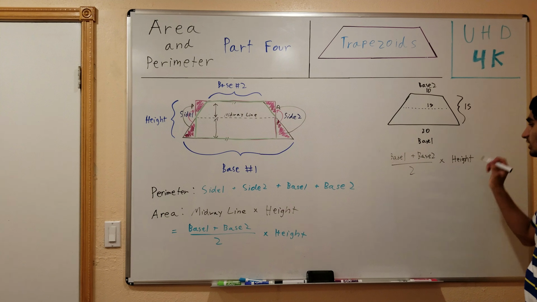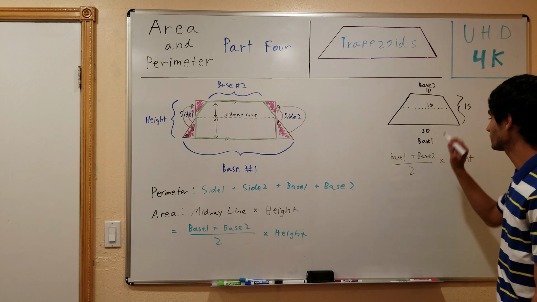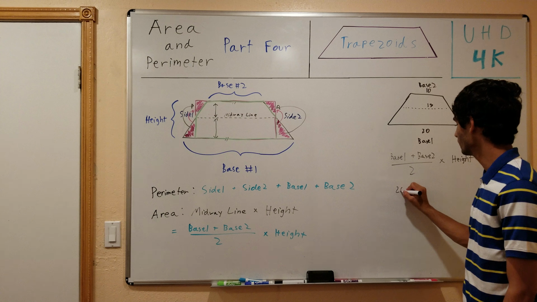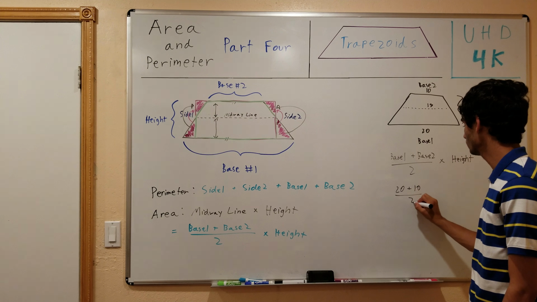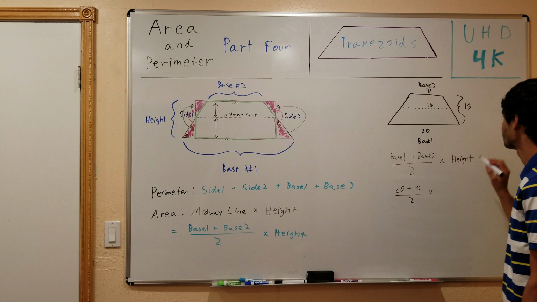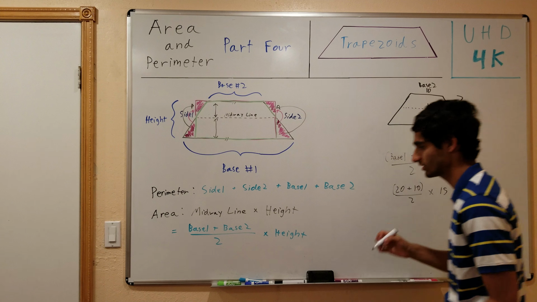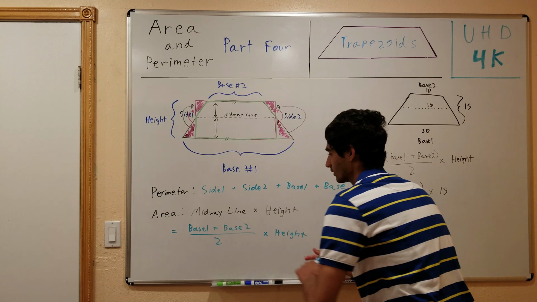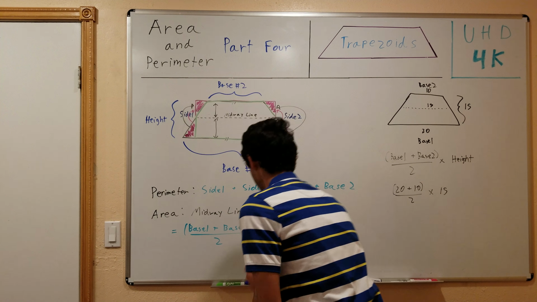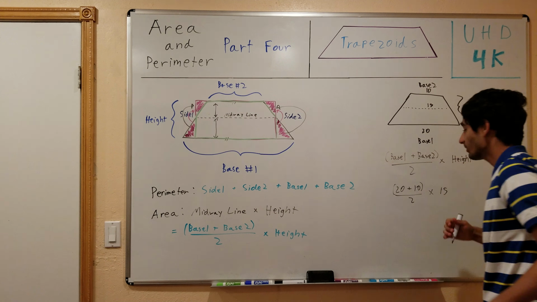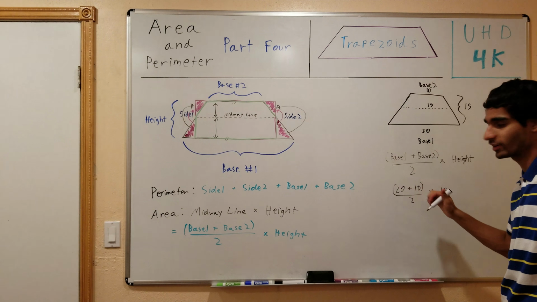So the height is 15, base 1 is 20, base 2 is 10. So it's going to be equal to 20 plus 10 over 2 times 15. By the way, this is in parentheses, so you must do this first to make that clear. So remember, in the order of operations, we do the stuff in the parentheses first.